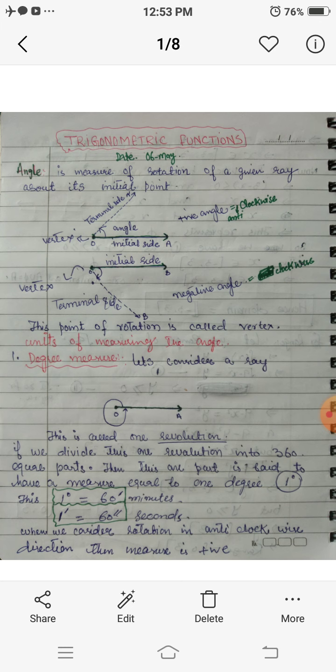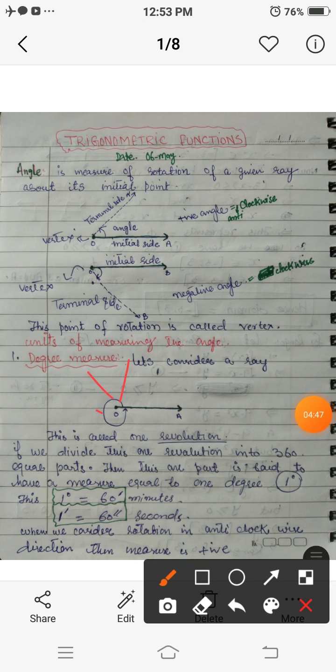Now if we divide this one complete revolution into 360 parts, that is, we divide this complete revolution into 360 parts.